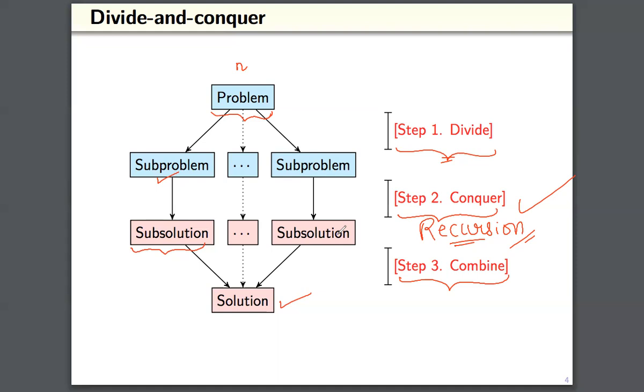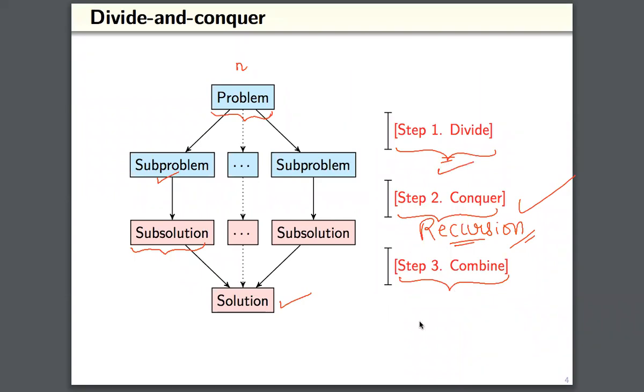But in some other problems, for example, Strassen's algorithm, divide is not at all easy. It's complicated. For most problems, it can be easy, but there are a couple of problems or algorithms where the divide step is complicated. We need to think a lot about how to divide the problem. So this can take time.